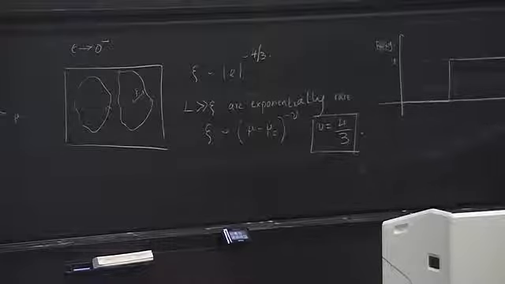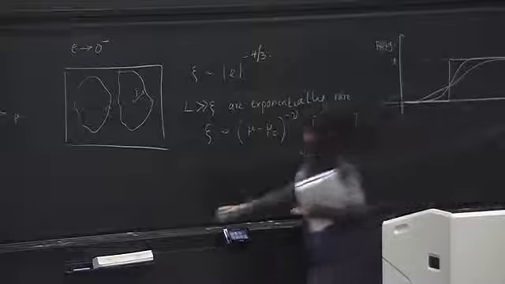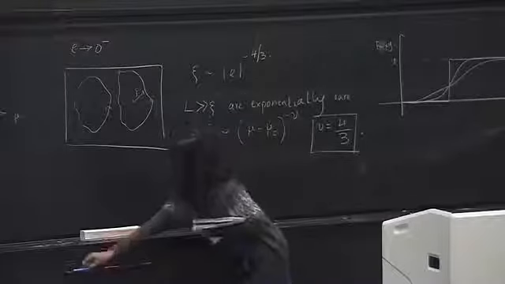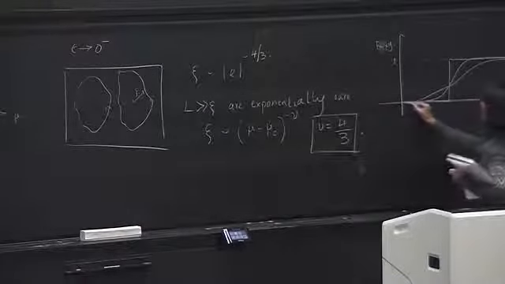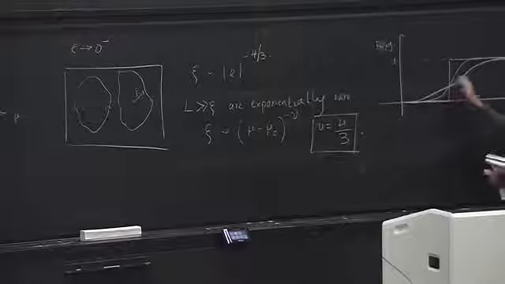Now, at finite temperatures, this jump is rounded off. It's actually a smooth crossover. So as you increase the temperature, this jump becomes smoother and smoother. It's more like a crossover from 0 to 1.